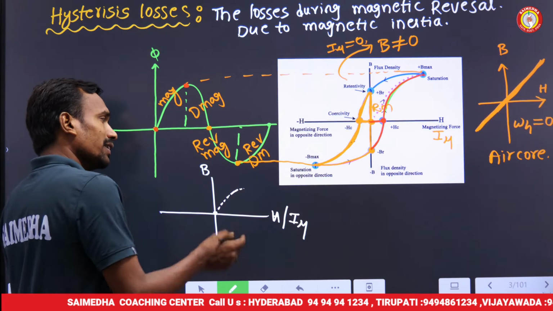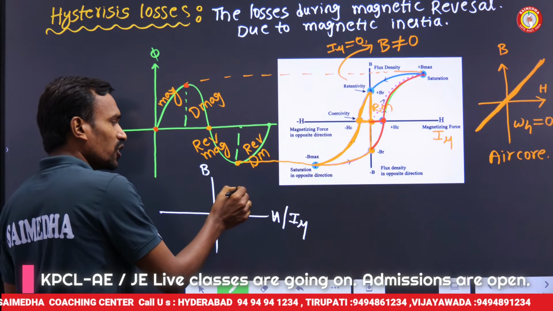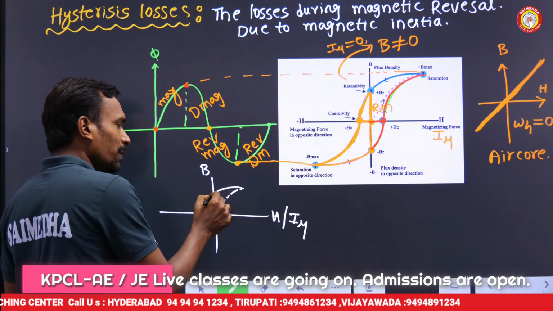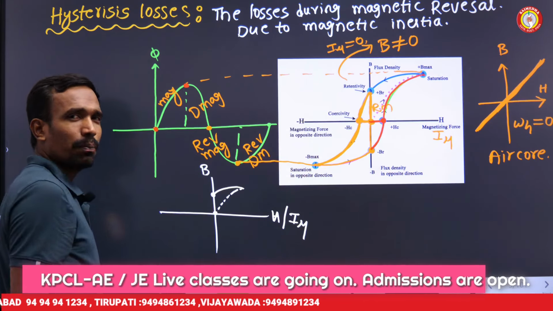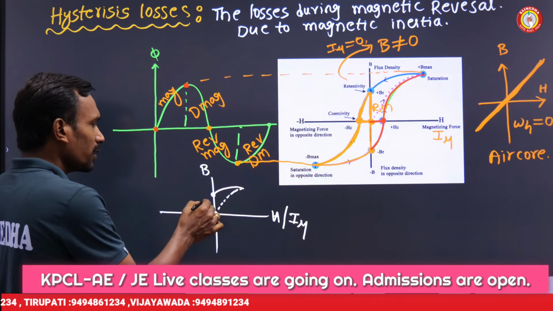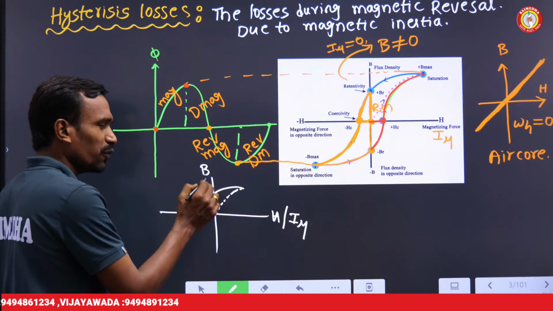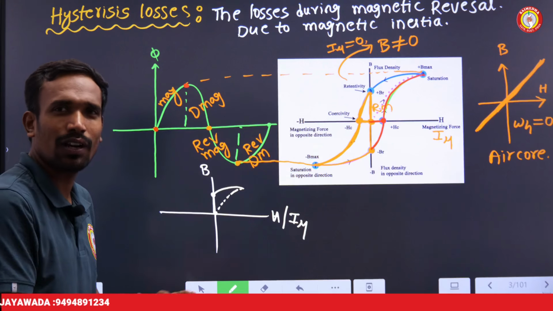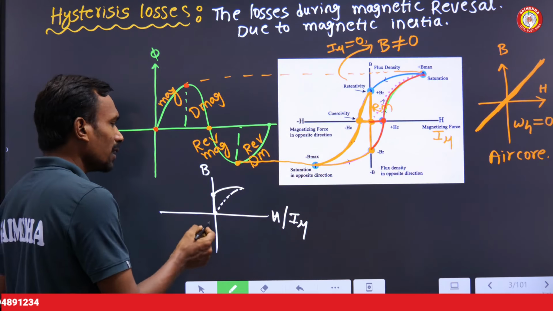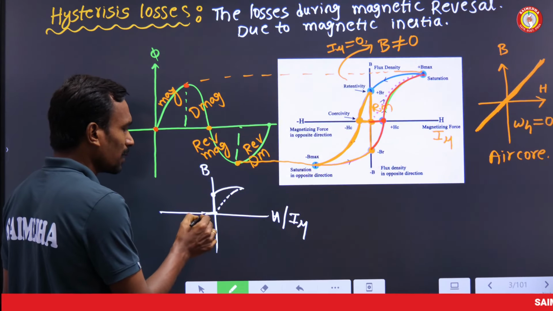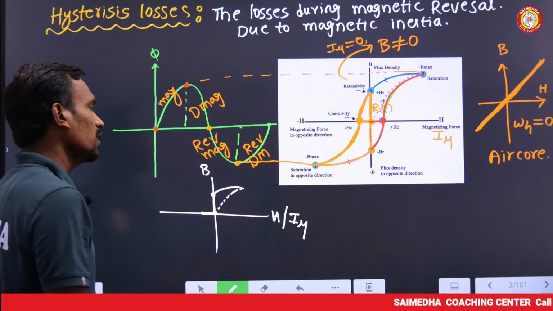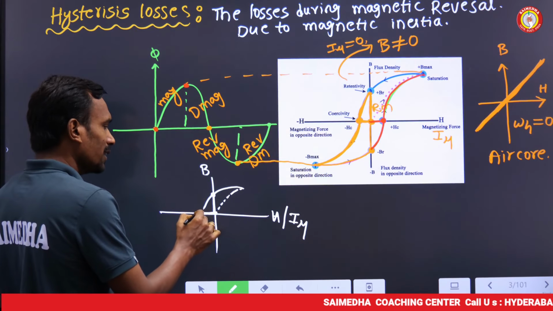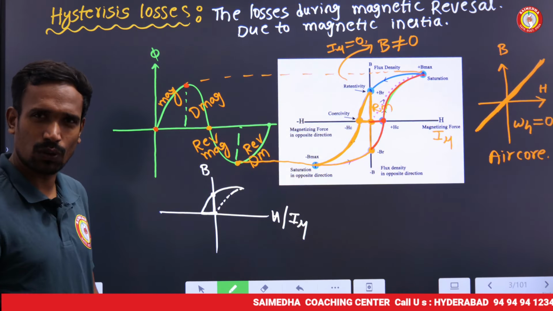This is called magnetization, and demagnetization tries to bring the flux density to 0, but it is not possible due to residual magnetism. This phenomenon is called retentivity. To overcome retentivity, we apply some extra force in the opposite direction, called coercive force. When the coercive force is applied, the flux density goes to 0.